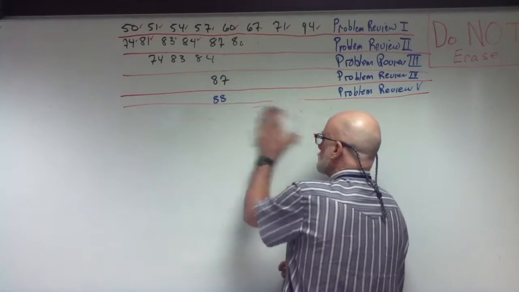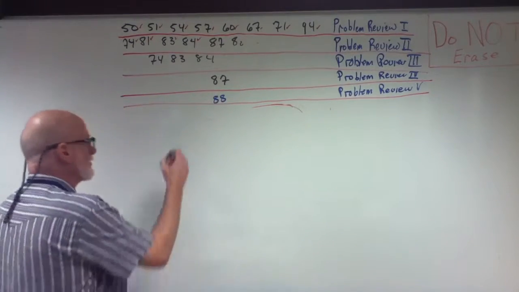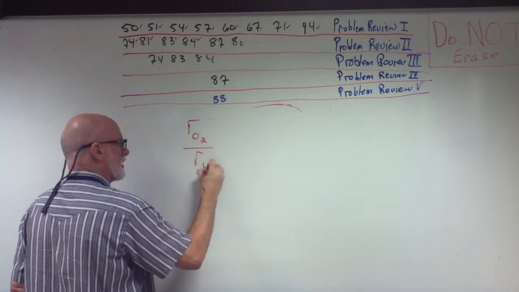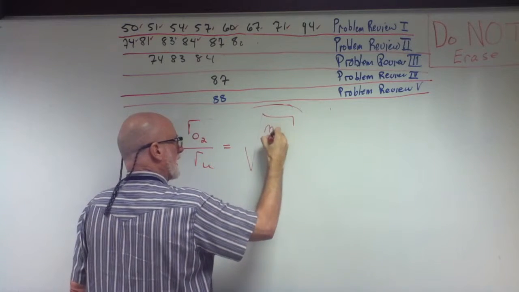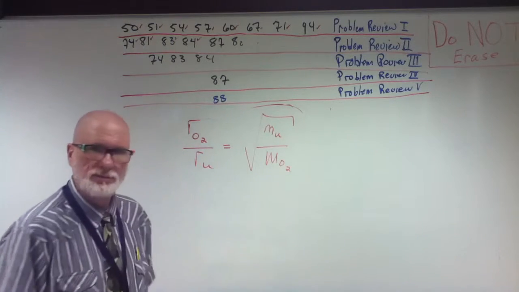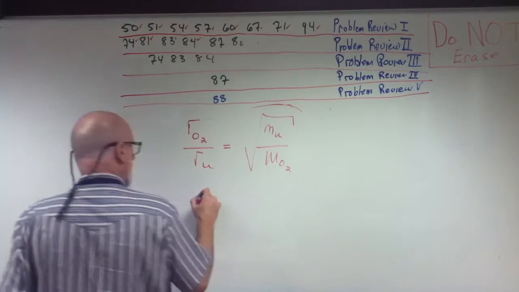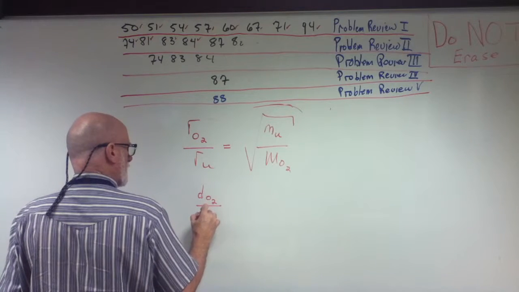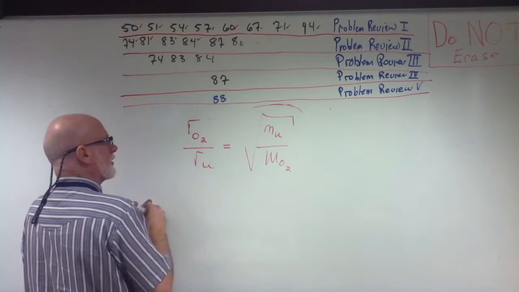All right, now. So, we know that that's true. Now, we know that the rate of oxygen over the rate of the unknown equals the molar mass of the unknown over the molar mass of oxygen. Is that true? Let's rewrite the rates. I know that the distance traveled by O2, I'm going to go like this.